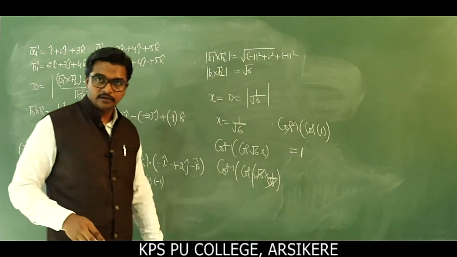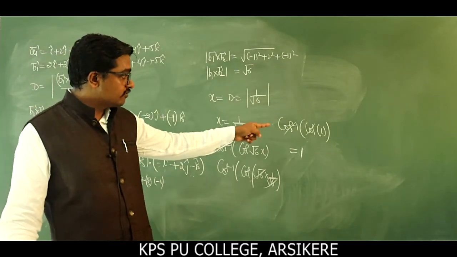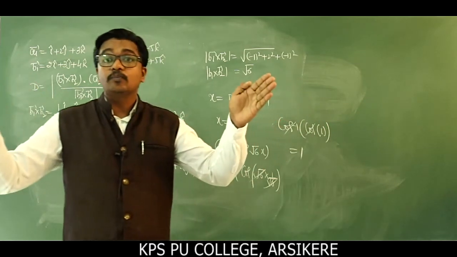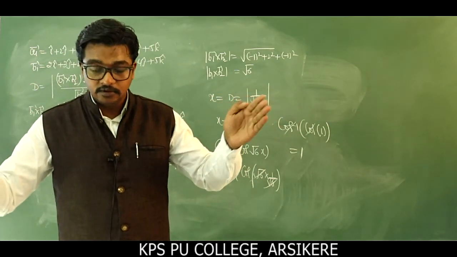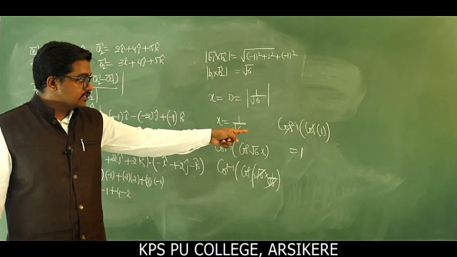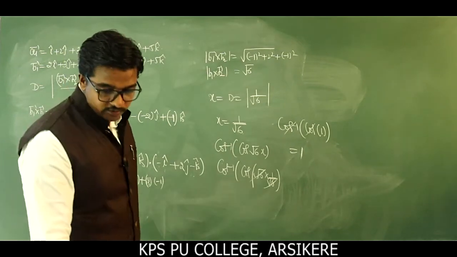So 1 is the radian, and this is in between 0 to pi. So cos inverse of cos of 1 becomes 1 only if this one is in between 0 to pi, right?